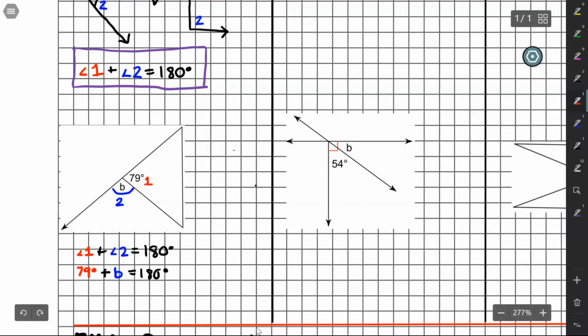So to do that, I'm going to subtract that 79 from both sides, which is going to give me 180 minus 79 is 101 degrees, equals B. And that is my answer. Easy.